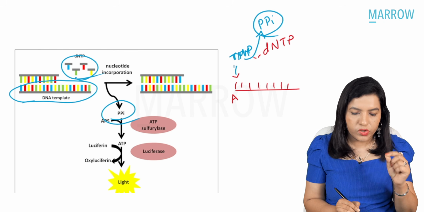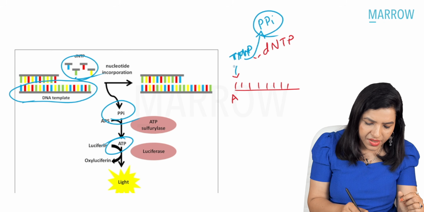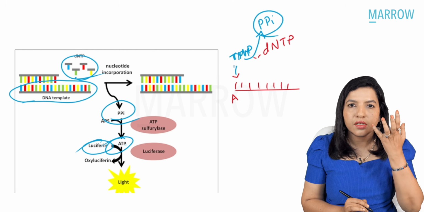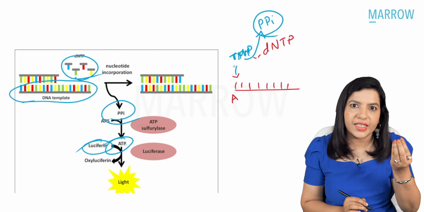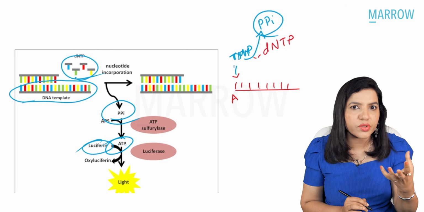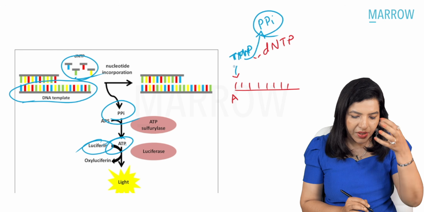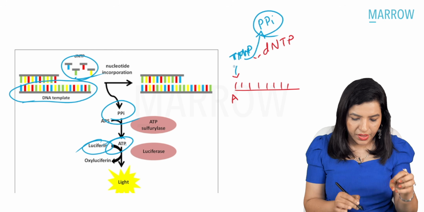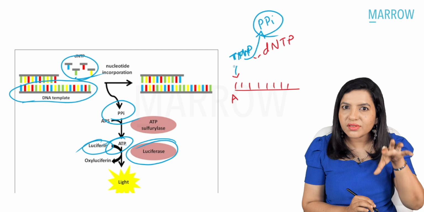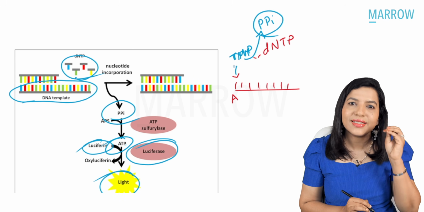This pyrophosphate is converted to adenosine triphosphate, and this adenosine triphosphate acts on a dye which can produce fluorescence. A fluorescent substance called luciferin is converted to oxyluciferin, for which we have an enzyme called luciferase. When this enzyme acts, it emits light and we can detect it.